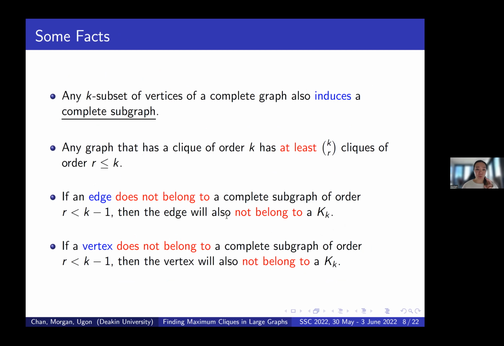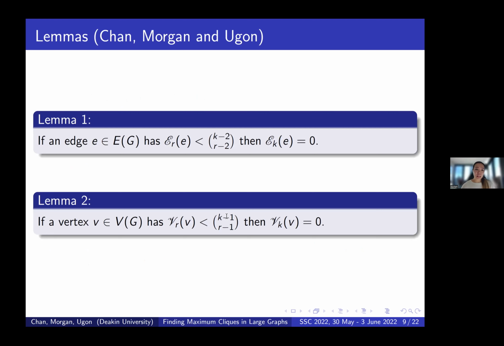And there are also these two trivial facts. If an edge or vertex does not belong to an r-clique, then the edge or the vertex will also not belong to a complete graph of order k, right? But r has to be smaller than k. Okay, two useful lemmas.